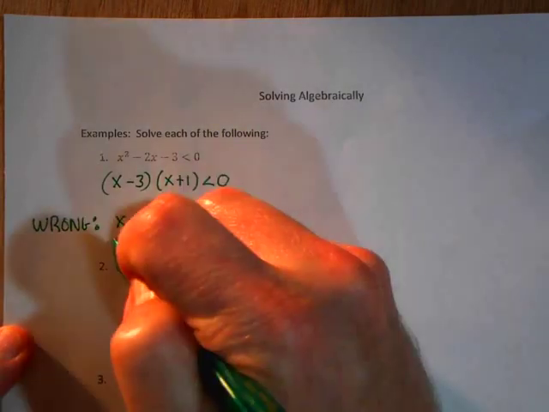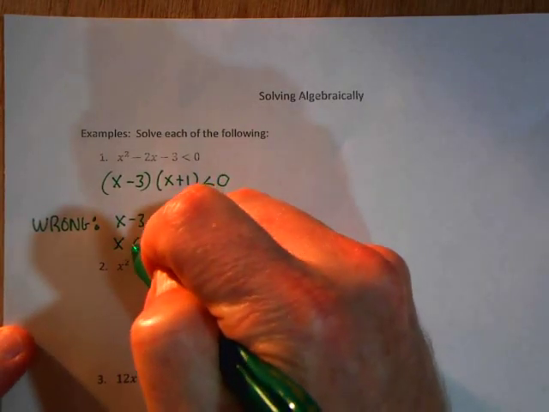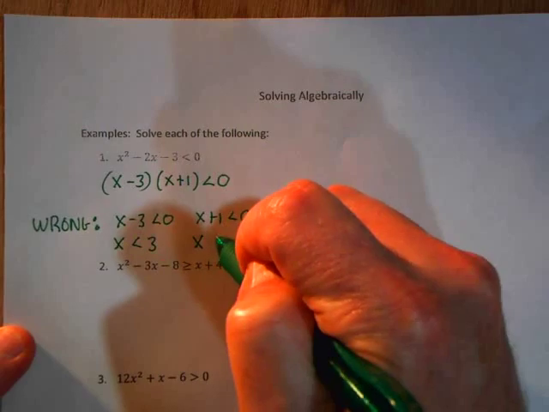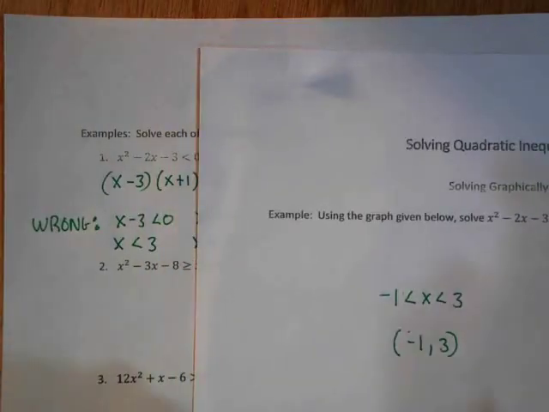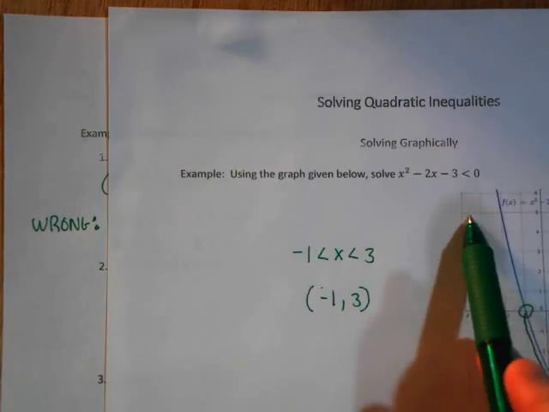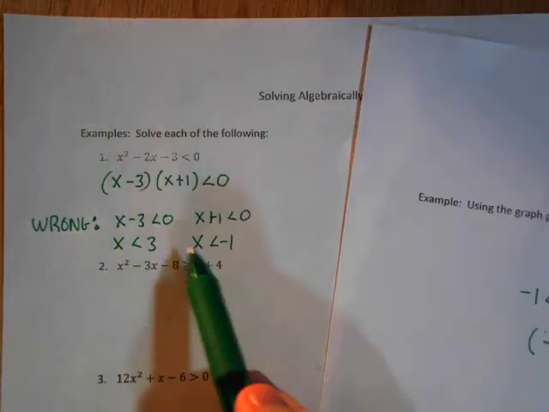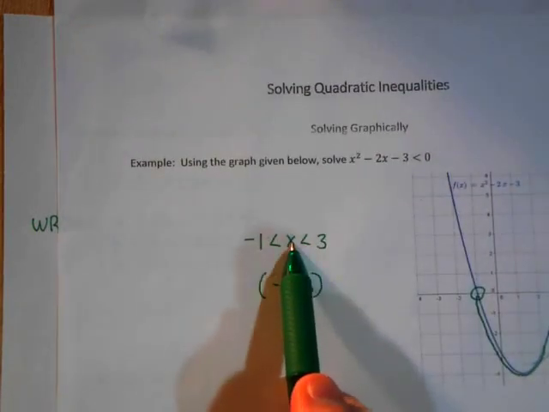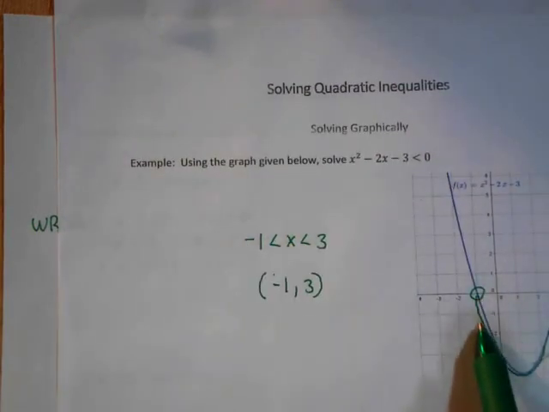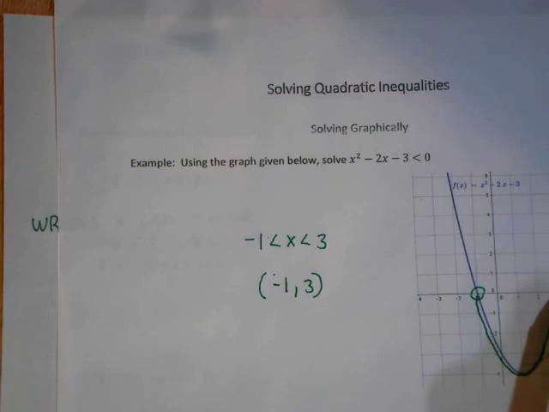And the reason this is wrong is look what we end up with. We end up with x less than 3 and x less than -1. But look at the answer. This is the same problem we did before. Here, when I did it wrong, I end up with x less than -1, but x should really be bigger than -1. x started at -1 and went to the right till we got to 3.